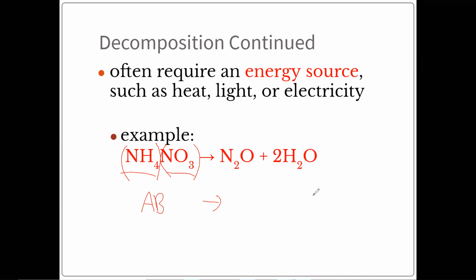It actually split into water and this dinitrogen monoxide here. So sometimes that decomposition doesn't happen really cleanly. Sometimes it splits a little differently than you might think that it does, but it still follows that pattern of one reactant going towards two products. Okay, so look out for those if you see them.